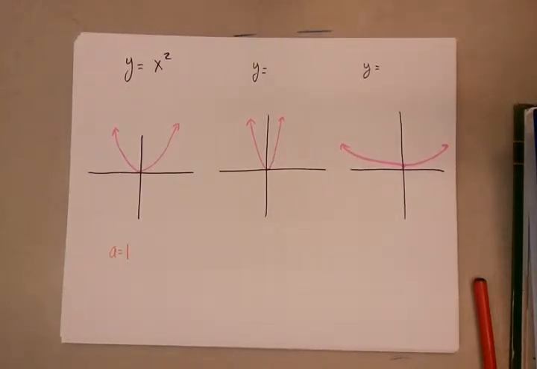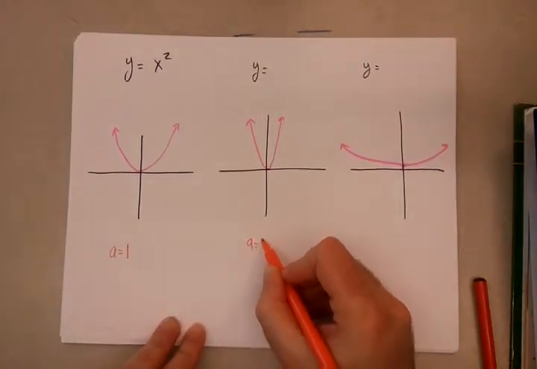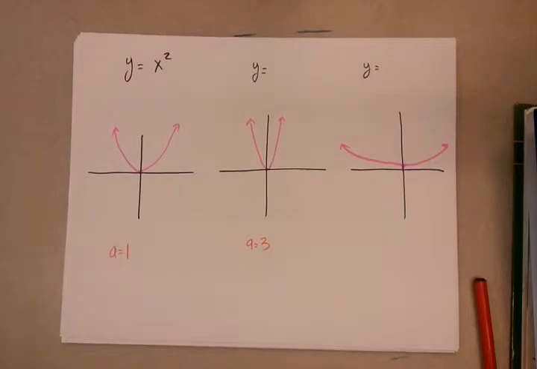So there's always a 1 in front of that x squared if there's nothing else, and that's the baseline. The 1 is the baseline. If the value in front of the x squared changes from the 1, so if the a changes one way or another, the parabola will resize itself. So let's say we give the a value of 3 for this particular parabola.